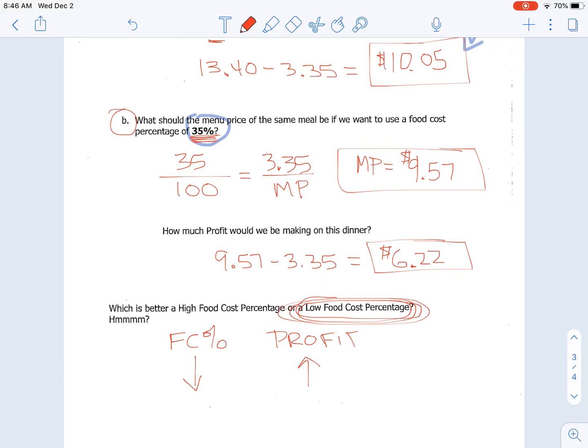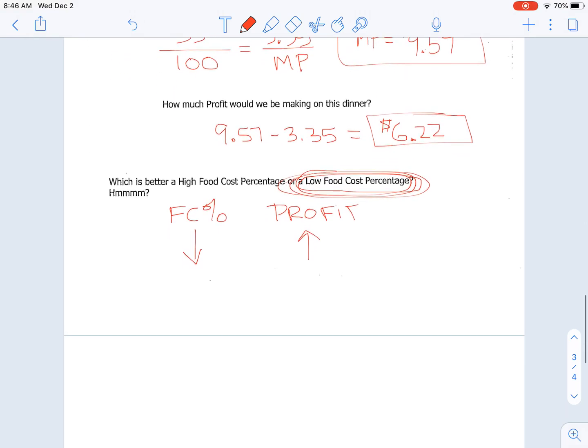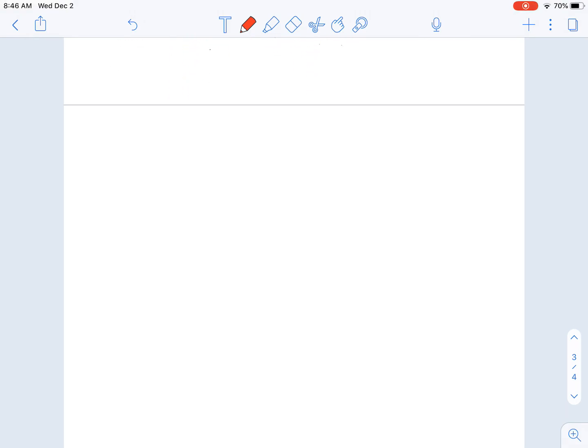Okay, so let's say I'm super duper greedy and I'm going, well, the lowest food cost percentage, if I decide that I use a 10% food cost, because I want my food cost to be low, and I'm still doing the same meal.